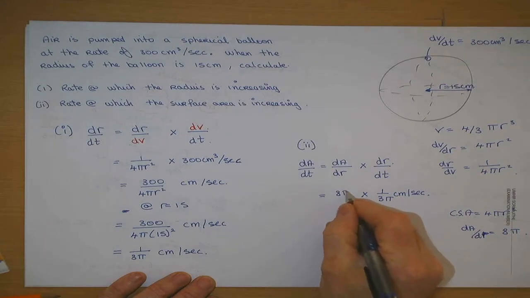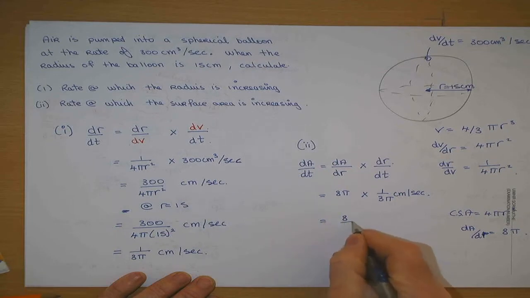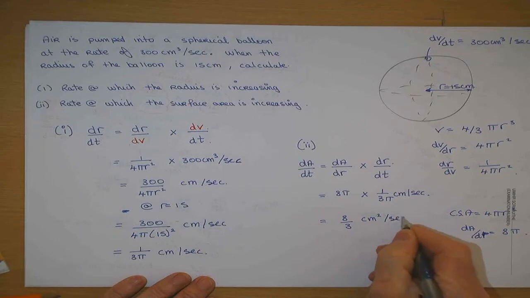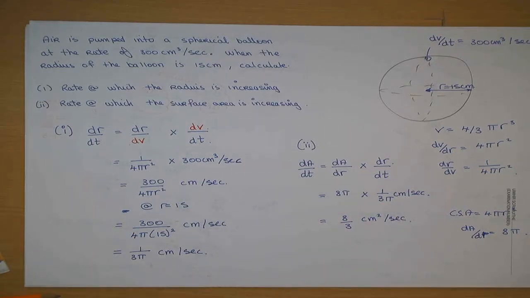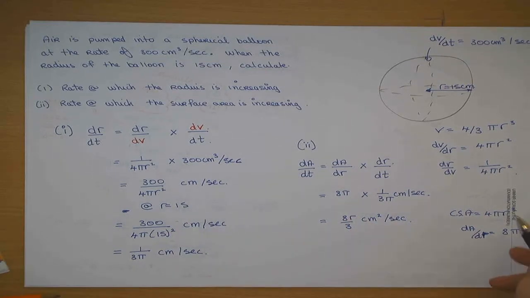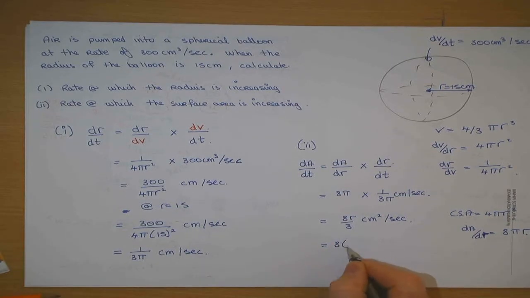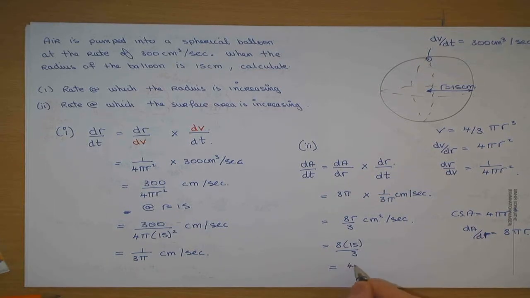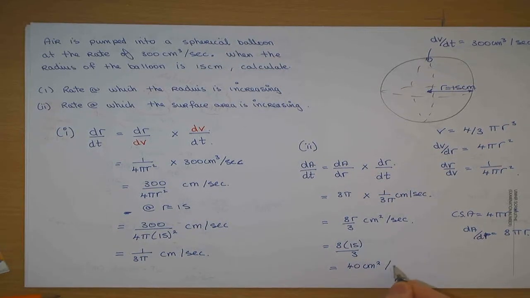So it's 8 pi times that, which is 8 times 15 over 3, which is 40 centimeters squared per second. That's the rate at which it's increasing.